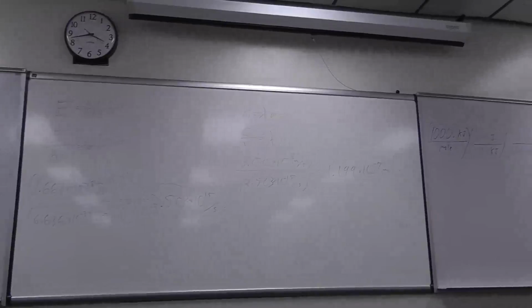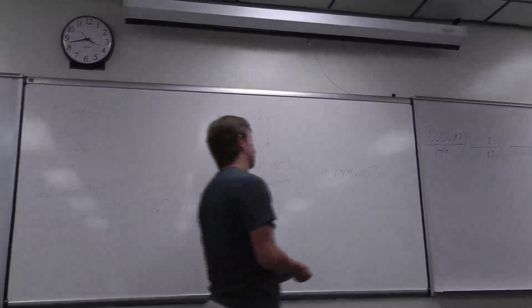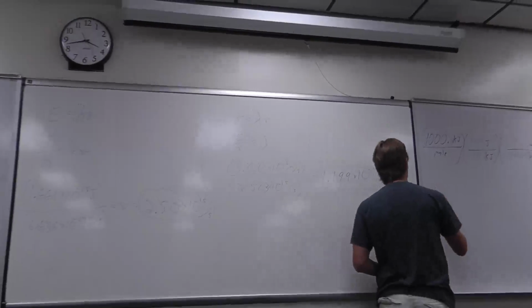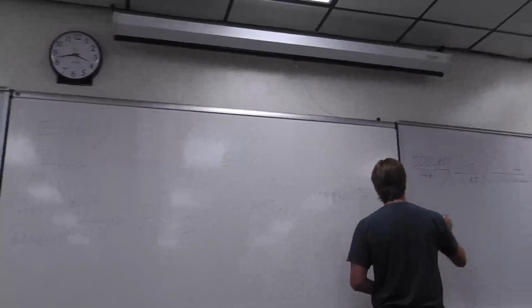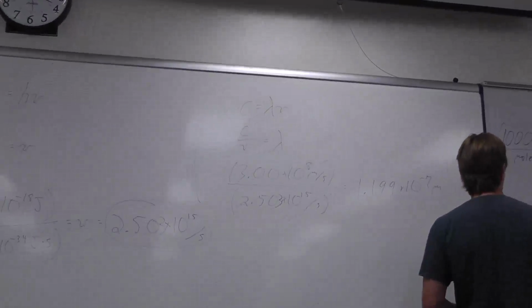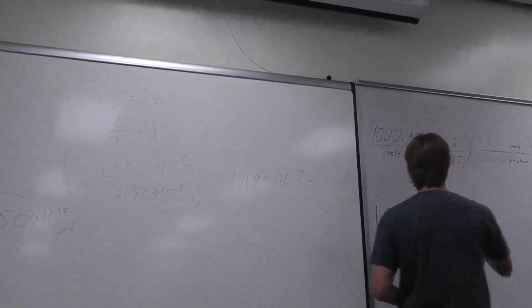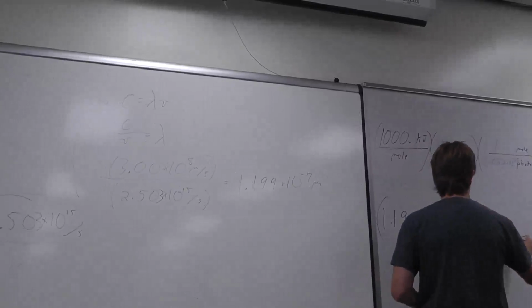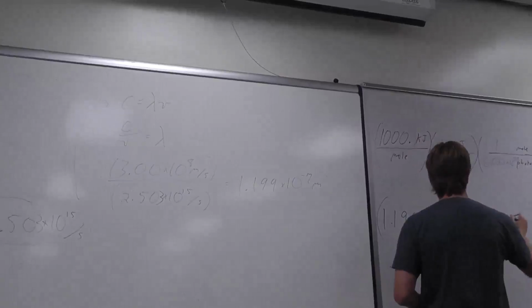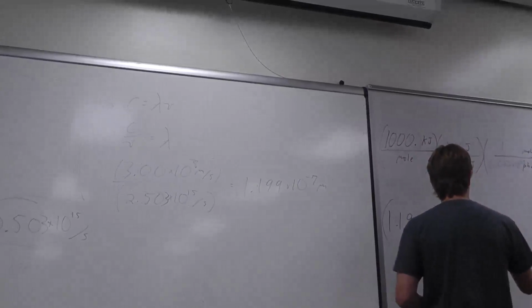What I did was convert it to nanometers, more out of habit than anything, but the conversion would look like this if you did it, where nano is 10 to the minus 9.